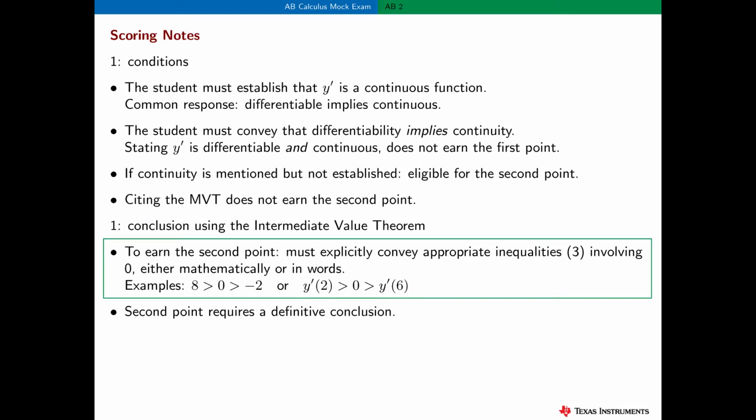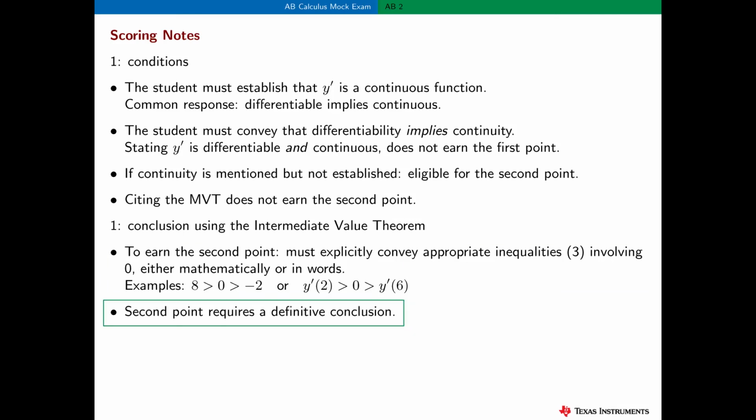To earn the second point, the student must convey 3 appropriate inequalities involving 0. These inequalities can be presented in words or analytically. Here are 2 of the most common expressions for one of the intervals. And finally, the second point also requires a definitive conclusion.